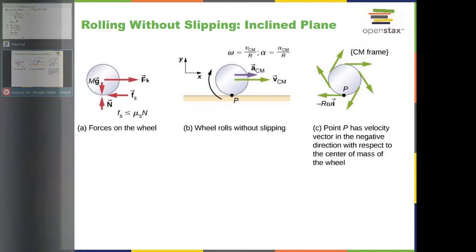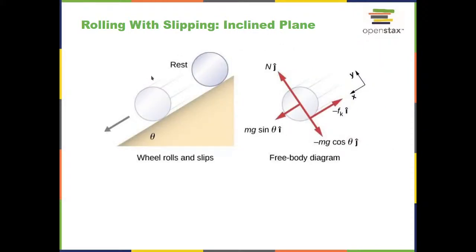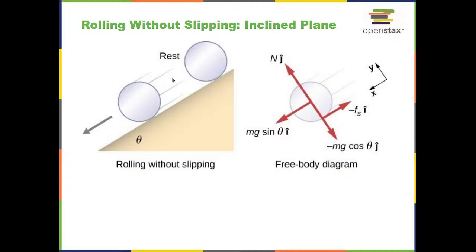If we go back to the slides here, now in rolling with slipping, these are exactly the same figures. The only thing that's changed is that without turned into with, and the forces are changed a little bit. So this is without slipping. You see that here we have the force of static friction at the contact point between the wheel and the slope.